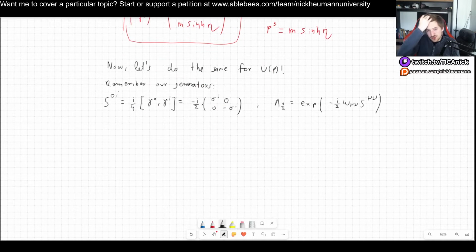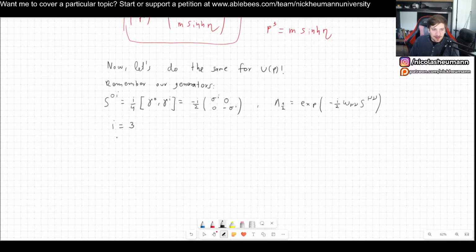Okay, so now we want to do the same that we just did, but for our u of p. So let's remember the generators for our Lorentz transformations and for our boosts especially, which are the following, what we have right here. So we are going to be in the case where i is equal to 3. We're going to go along the 3 direction.